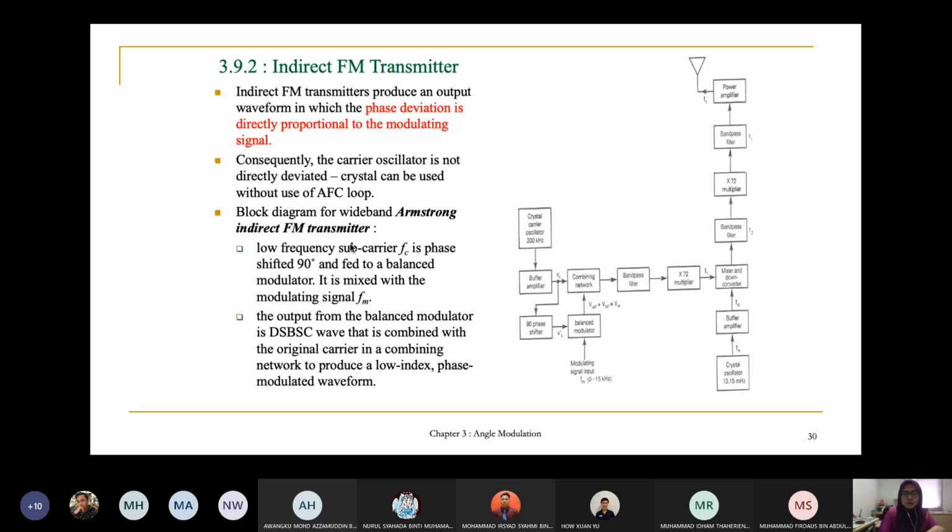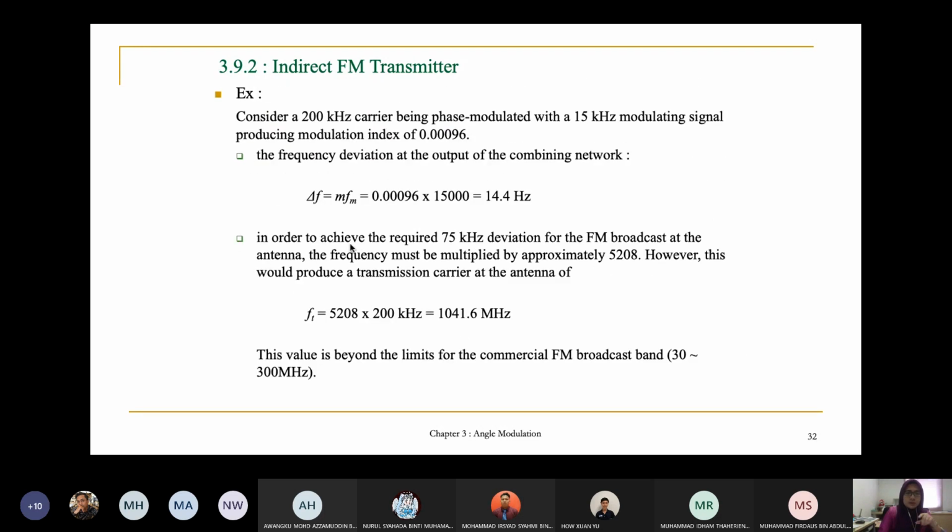If you have your notes with you, you can refer to this figure while we do this example. Consider a 200 kilohertz carrier being phase modulated with a 15 kilohertz modulating signal, which will produce a modulation index of 0.00096.